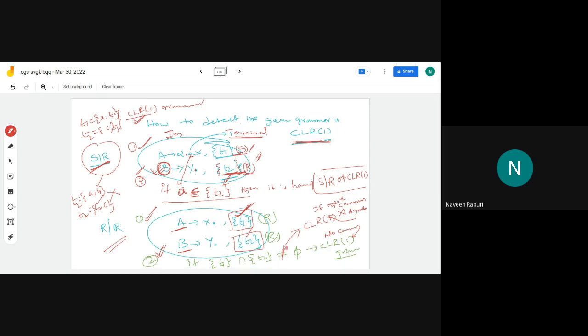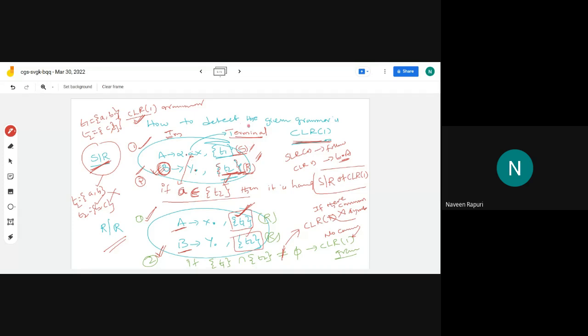If it equals pi, no common symbols are there, and that is SLR1. Otherwise, that is not SLR1. So in SLR1 we need to find the follow, but in CLR1 there is no need to find the follow; we can calculate using lookahead symbols.